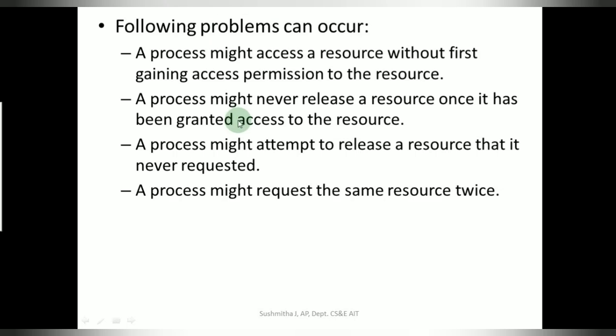So these are some of the issues associated with the algorithm discussed above. As an exercise, I want you to find if there could be a better algorithm or solution to these problems. So this completes our module 2 and the chapter on process synchronization as well.